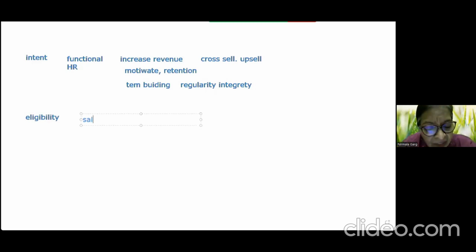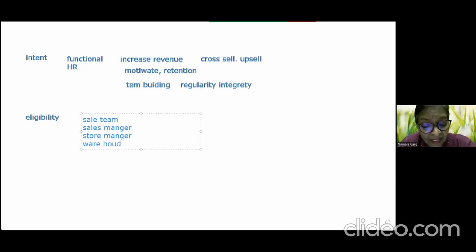Sales team, frontline sales team, also maybe the sales manager. Say if it is a retail chain, it can also have a store manager. If I'm talking about retail, maybe there is a guy taking care of the merchandise, a warehouse guy.